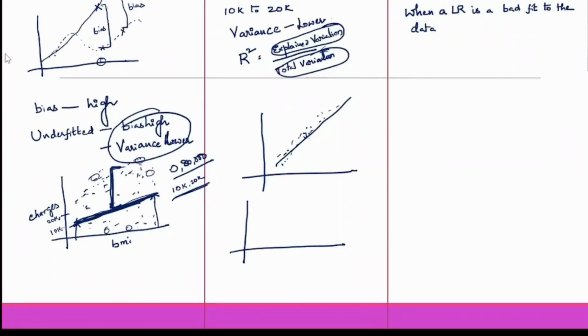So all the values will be around the 10,000 to 20,000 only. On the other hand, if the variance was normal, then probably I would have got the predictions between 0 to 80,000. But now I am getting the predictions only between 10 to 20,000. So which means the variance of prediction is much smaller.